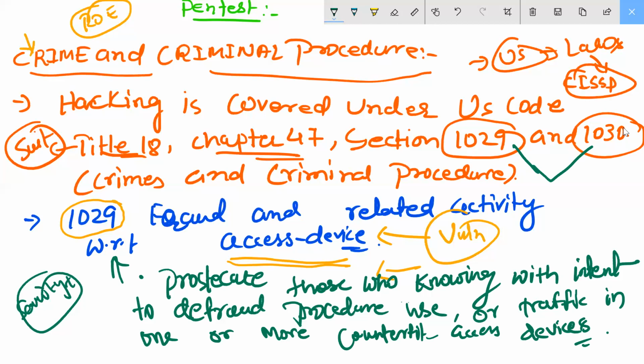And in multiple choice questions also, they will give you options to choose the right one for 1029 and 1030. Understood? So this one point is very much important. The second part you will get here. What is the second point? Inside 1029, I am talking, right? So in 1029, what is the next topic?